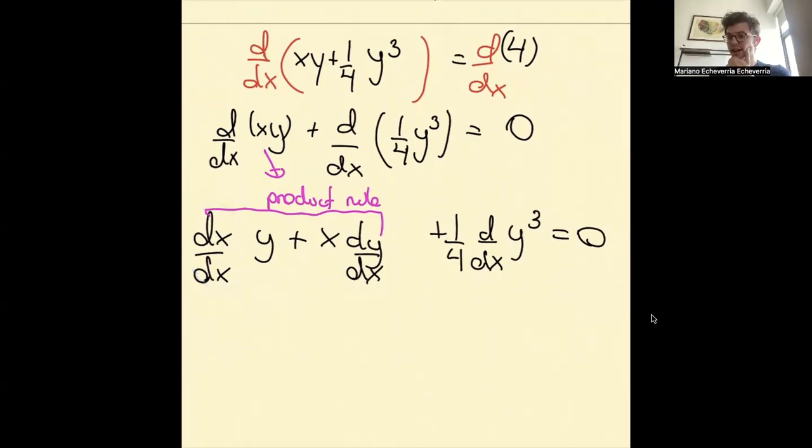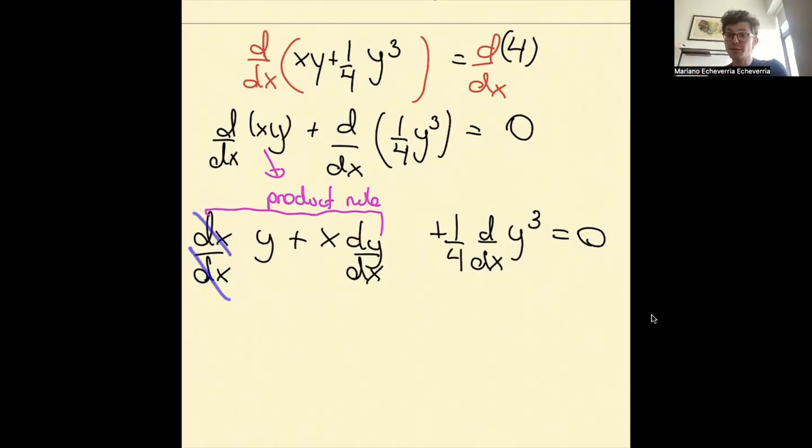So what's the derivative of x with respect to x? This one can be a little bit weird, but what is this? It's just one. You can use the power rule for that, or actually this is one of those cases where this notation is convenient.